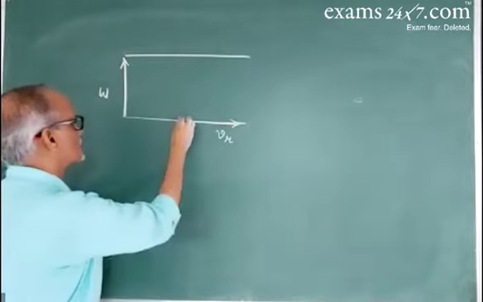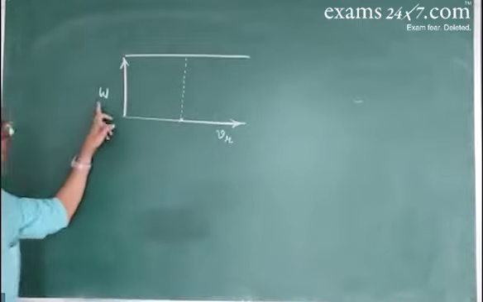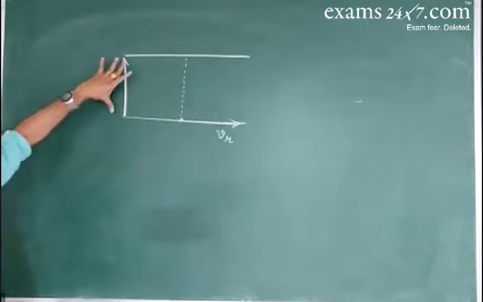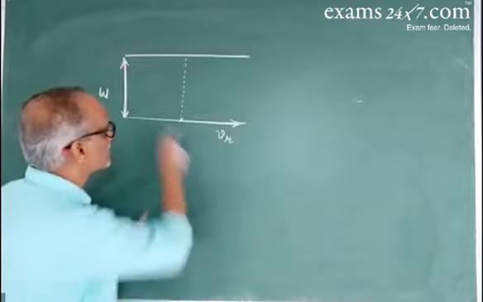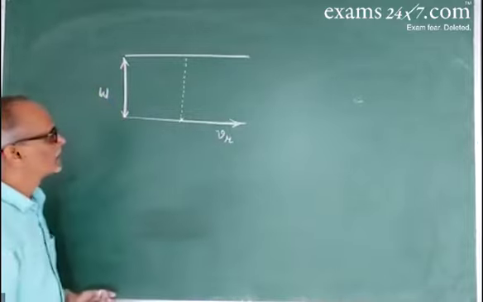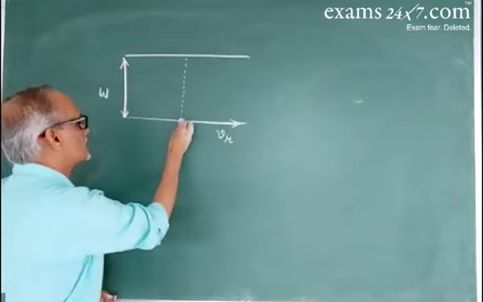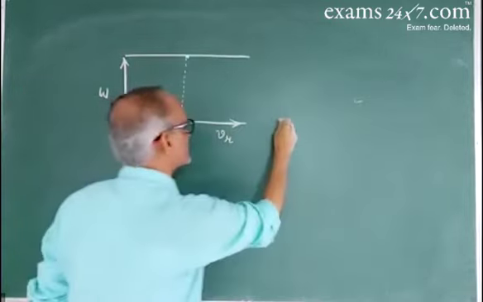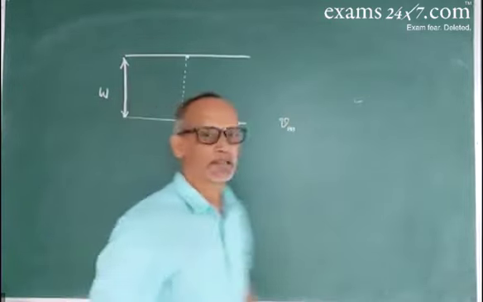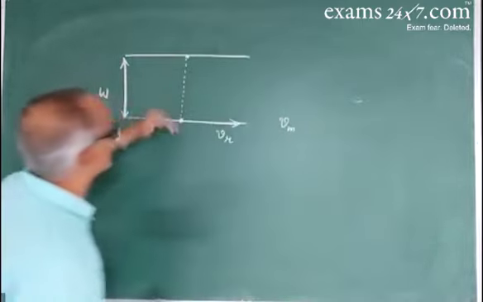And a man wants to cross the river having width W. So W is the width of the river, and Vr is the velocity of the river. To cross the river, the man has to swim from one end to the other end. Let's consider Vm is the velocity of the man swimming from one end to the other end.